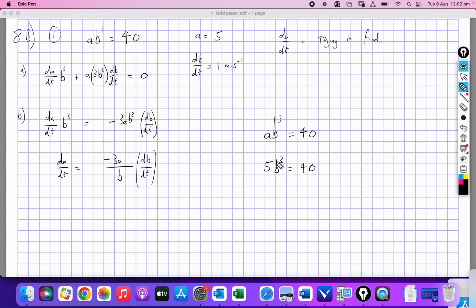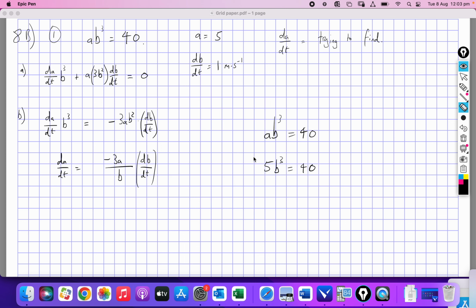And it's like, well, at the instant we're interested in, you can, but it's a variable. So in terms of the relationship, you can't, right? So to get the equation I need to calculate dA dt or whatever, I don't want to be changing that to a 5 because it's not always constant. Now I will need to change it to a 5 because I need to know what the B value was. I'm missing a B value.